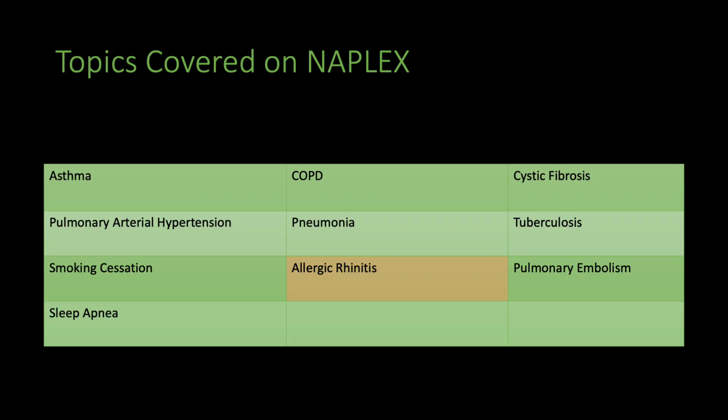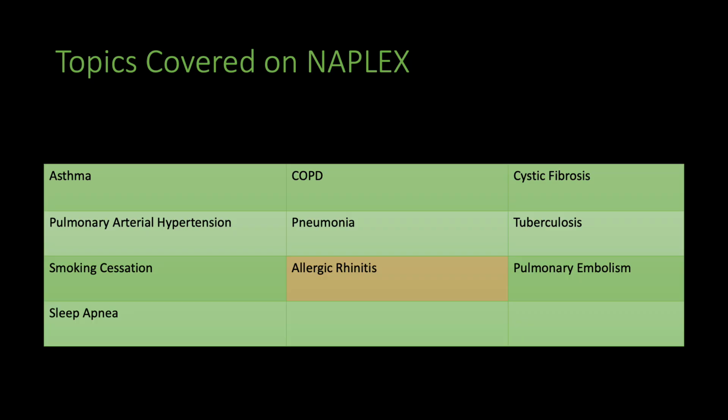So the one we're going to talk about right now is allergic rhinitis. It's a very interesting section. I don't see that there would be that many questions on it, but at least having an understanding of this section is important, especially since it might be just one or two of the easy questions that it would help you answer on the test.